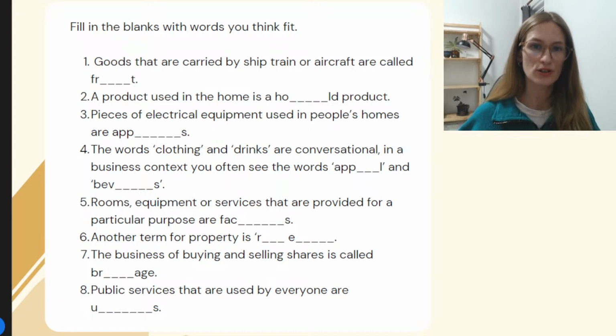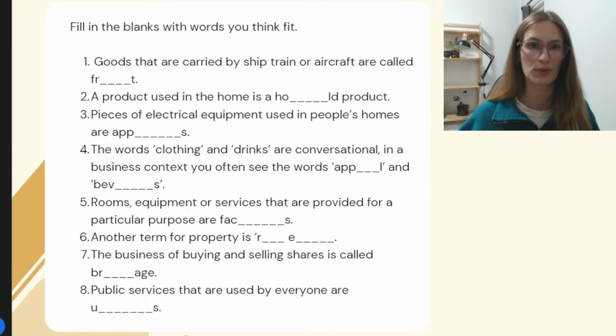Number 3. Pieces of electrical equipment used in people's homes are app something. APP, and the last letter is S. So these are electrical equipments used in people's homes, and often we see this when we talk about kitchens. Not applications, but there's another word, appliances.